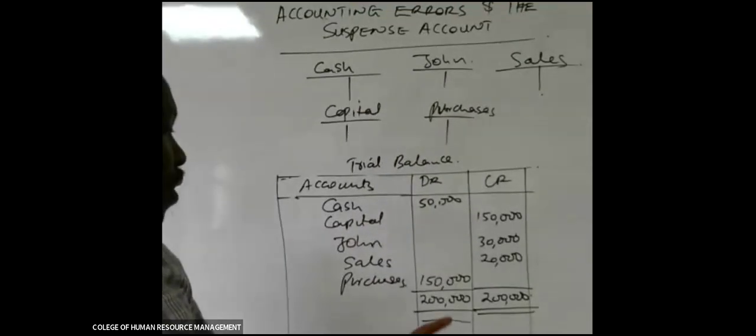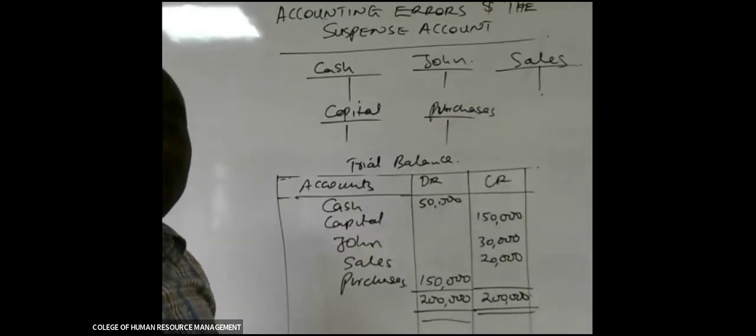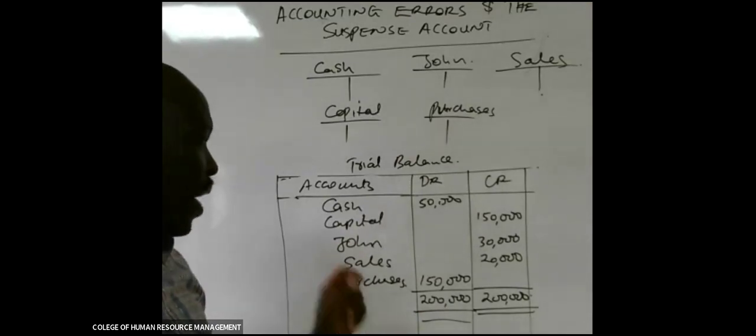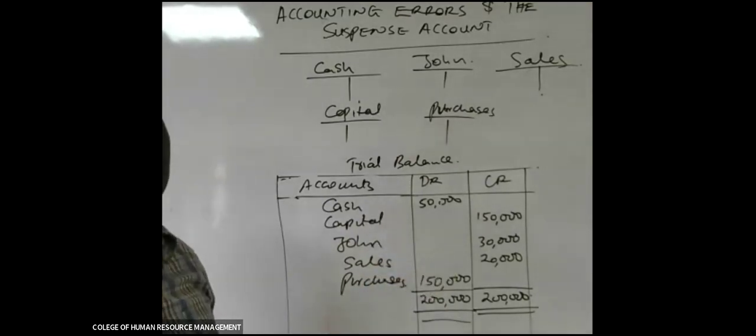So the moment your trial balance has balanced, you should not celebrate too much that everything is okay. You can make some errors that will not be detected in the trial balance.